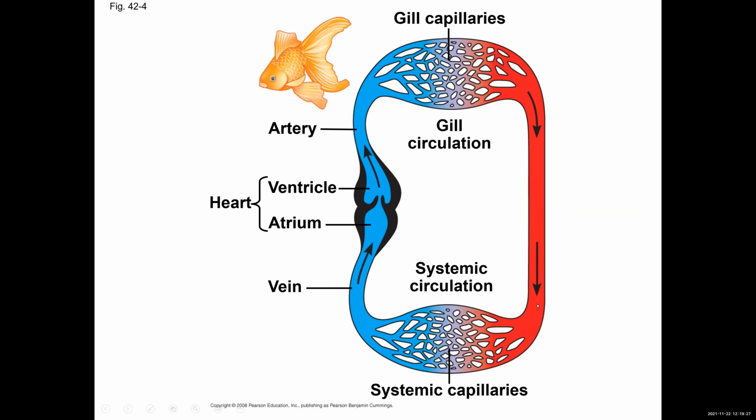Oxygenated blood is going to get delivered to the body. It's going to deliver the oxygen, so it's going to go from red to blue. It's going to pick up carbon dioxide and carry it back to the heart. The heart's going to give it a pump to help keep the whole system flowing. And it's going to go back to the gills.